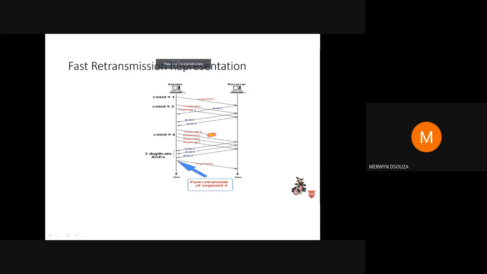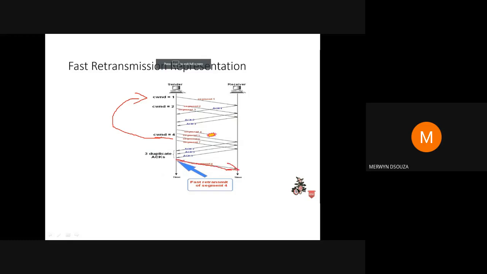The other thing that you need to know is that in the normal case, if fast retransmit was used by itself, not together with fast recovery, then fast retransmit would change the congestion window back to 1 after retransmitting the lost segment.